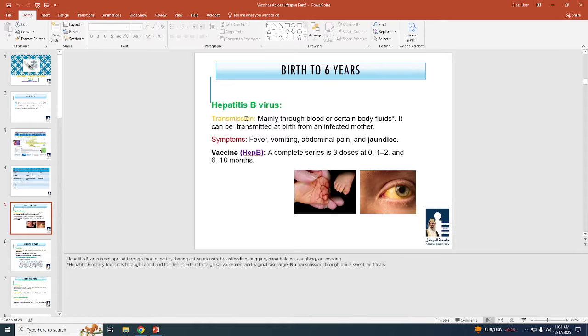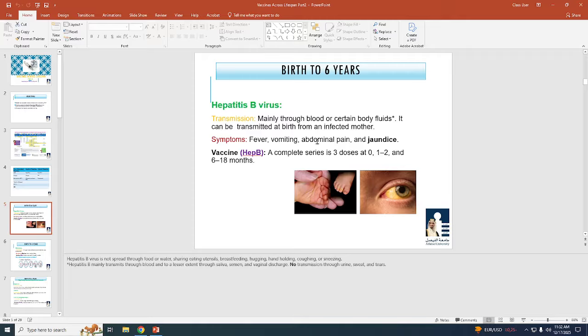Here, for instance, you might get a picture like this, and I will give you a scenario. What might be the infection that the baby could have been protected from if he had taken the vaccine? Of course, you need to know the abbreviation. As I said, for the symptoms, there's something always in bold, and that is the key symptom of that infection.